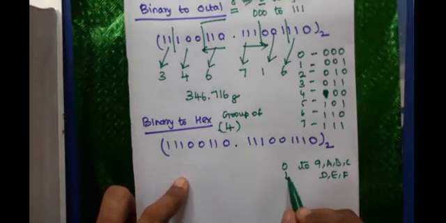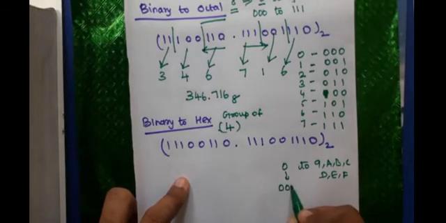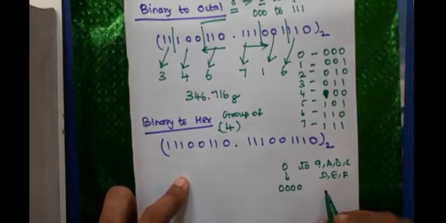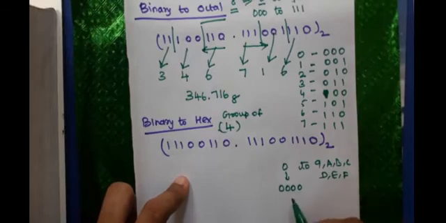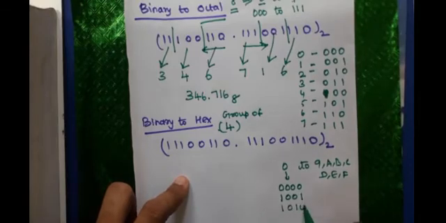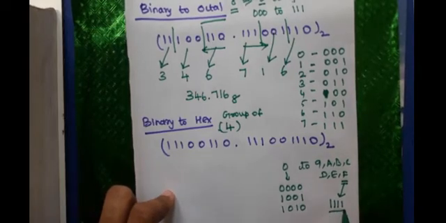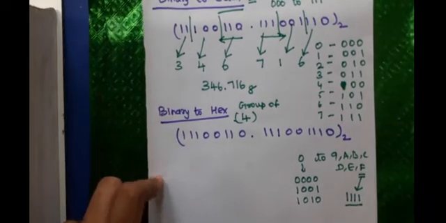Yes, each of them requires just 4 binary bits to represent. Say for example, 0 can be represented as 0000. 9 can be represented as 1001. 10 can be represented as 1010. F can be represented as 1111. This way, I require only 4 binary bits to represent them all.